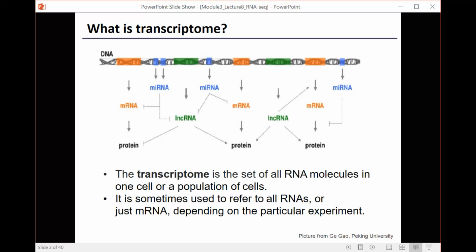There are maybe more than 15,000 long non-coding RNAs expressed in the human genome, and they were only discovered in recent years. These RNA transcripts work all together to regulate many important physiological processes, such as cell growth, development, and apoptosis.